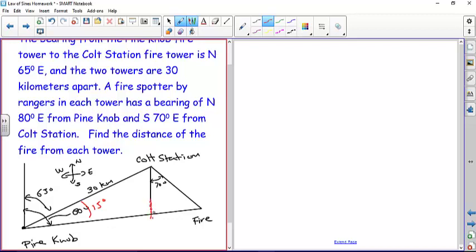So this angle is 70 degrees. We'll call this distance A, call this distance B. So this is angle B. This would be angle A, which corresponds with that. And then we have this angle C, which is here. So that's angle C, this is side C.